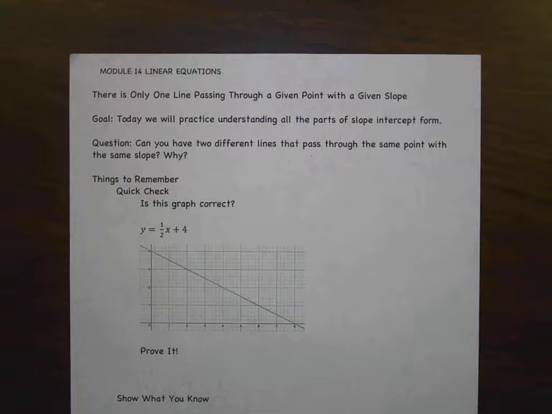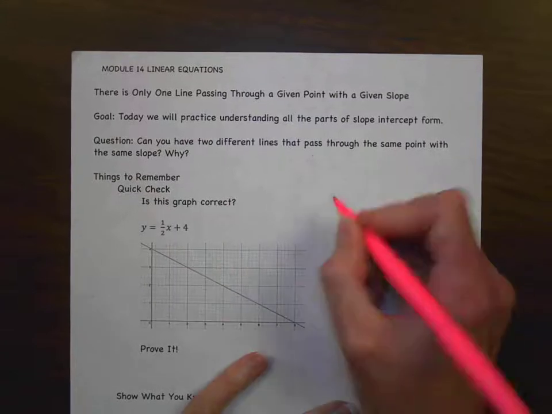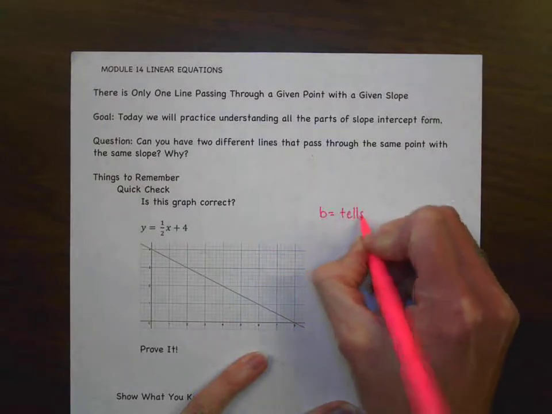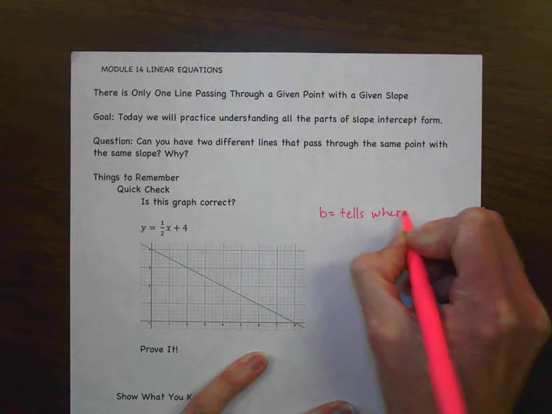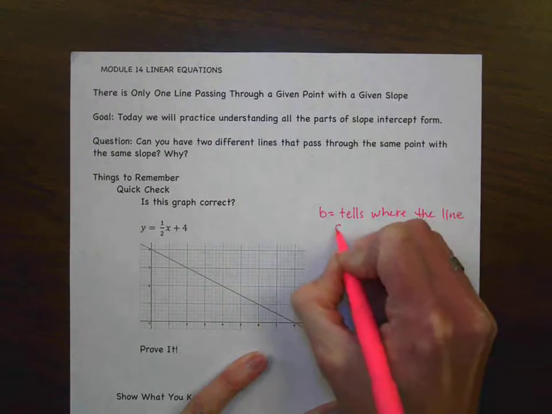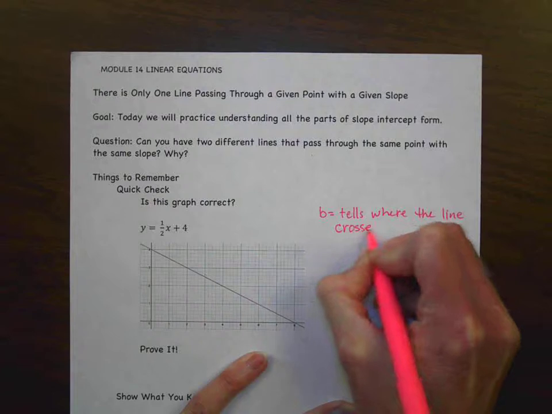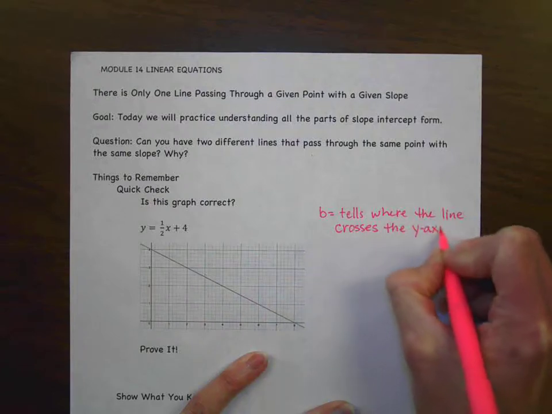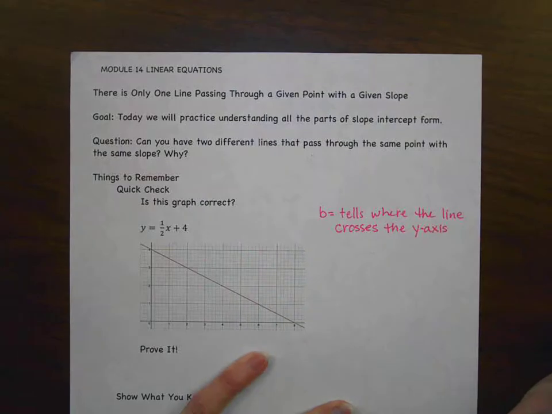And so basically what it is telling you is that the b, if you remember correctly, tells where the line crosses the y-axis. Okay, that's what the b tells us.